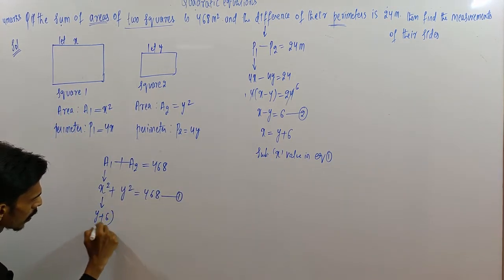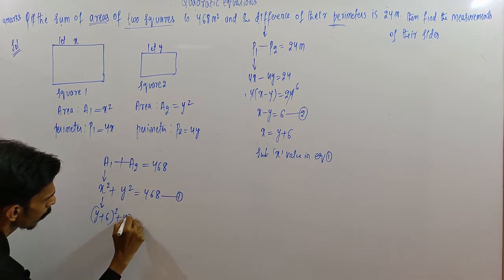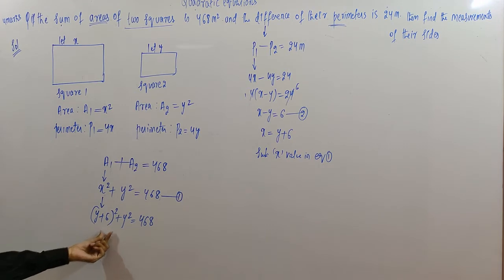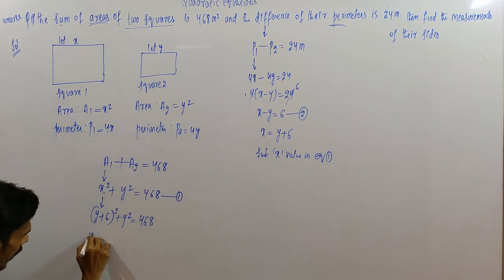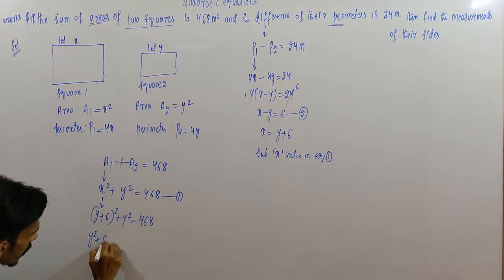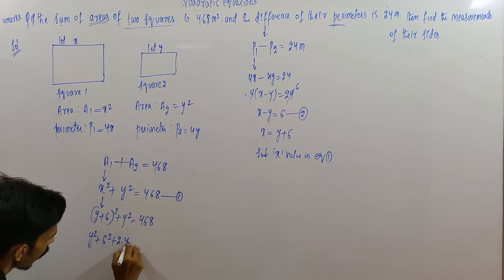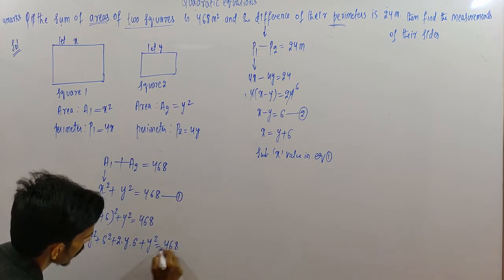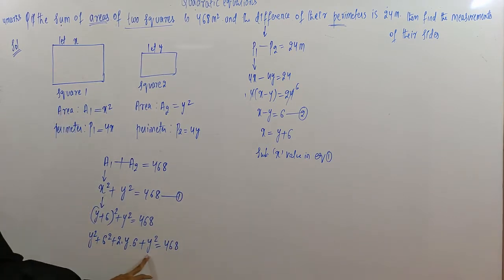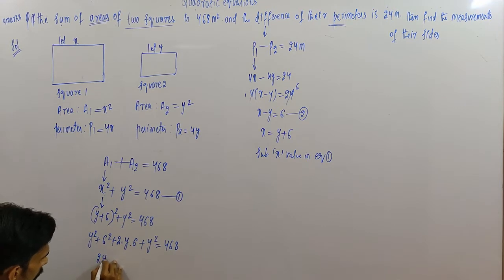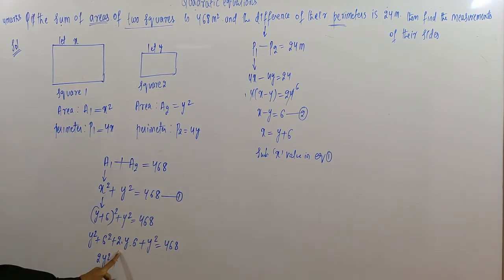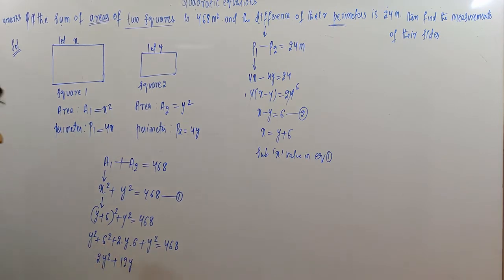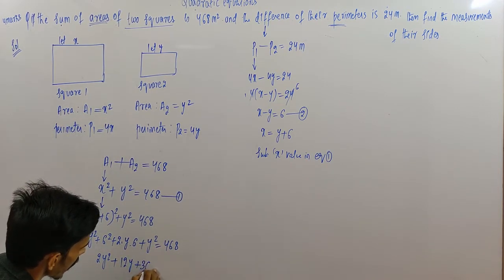y plus 6 whole square plus y square is equal to 468. Now this is in the form of a plus b whole square, expanded. Now y square plus 6 square plus 2 into y into 6 plus y square is equal to 468. Now y square plus y square, we have 2y square. 2 into 6, we have 12y. 6 square value is 36.